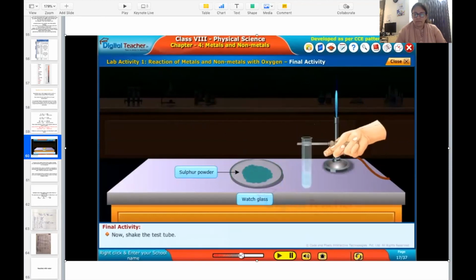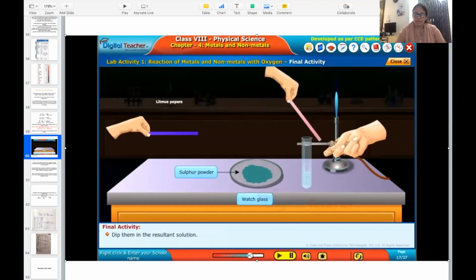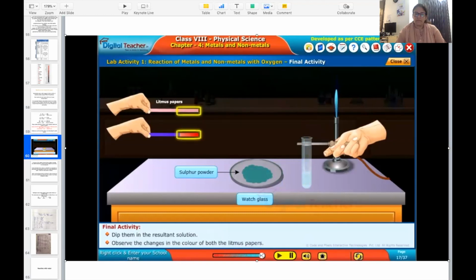Now, shake the test tube. Take both blue and red litmus papers. Dip them in the resultant solution. Observe the changes in the color of both the litmus papers.